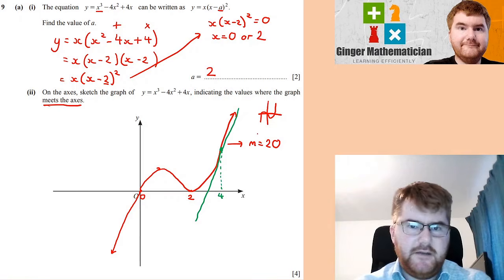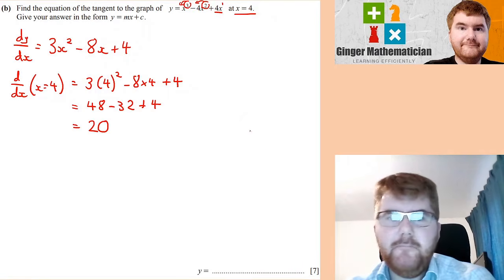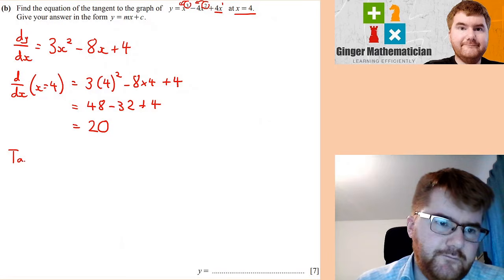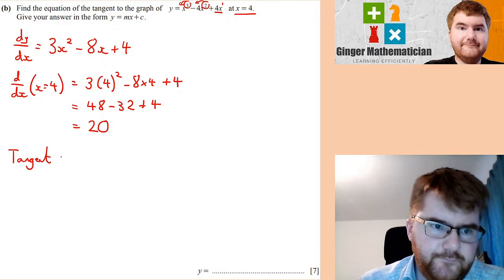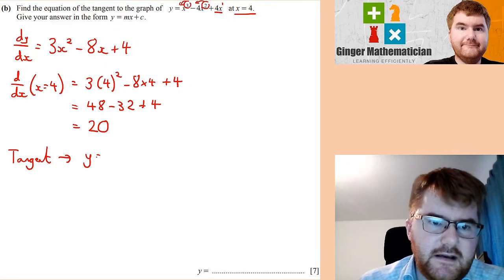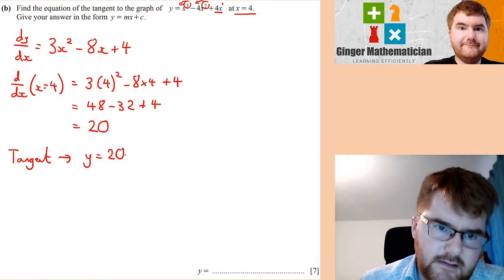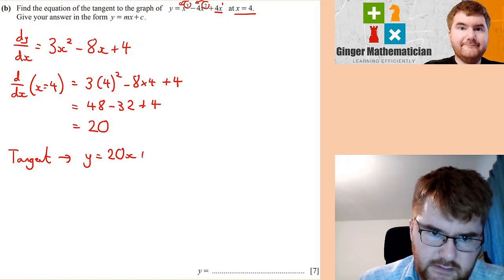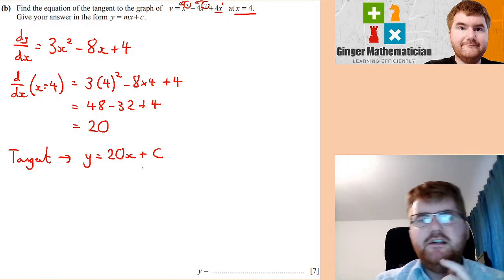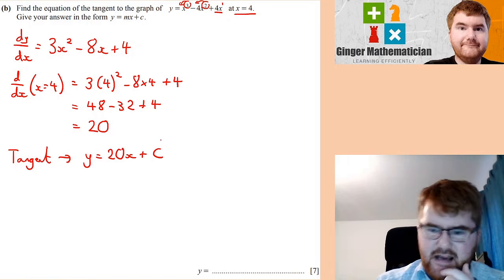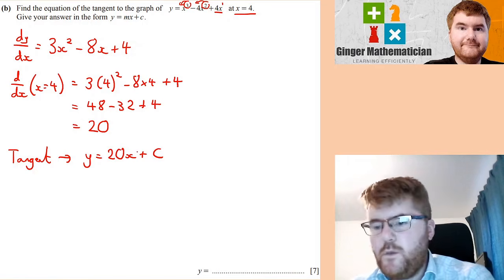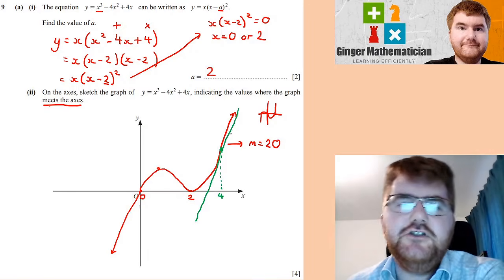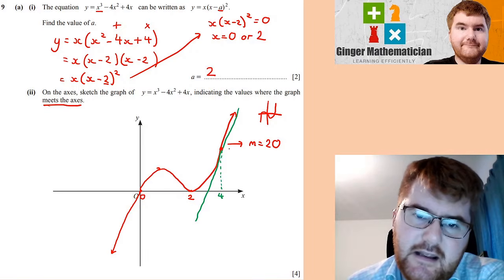So we've got that information. Now that means that the tangent line, so I'm going to write the word tangent, has the form y equals 20x plus c. And now we need to work out the y-intercept, this c. Now the only point that we know on this particular tangent line is this point here.